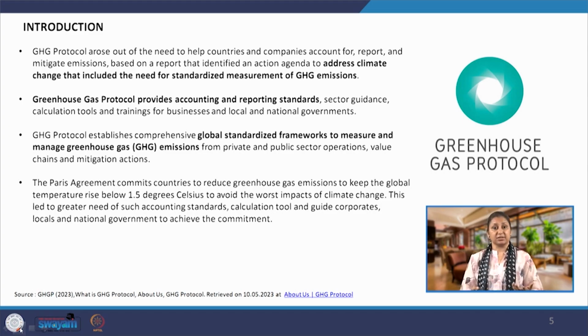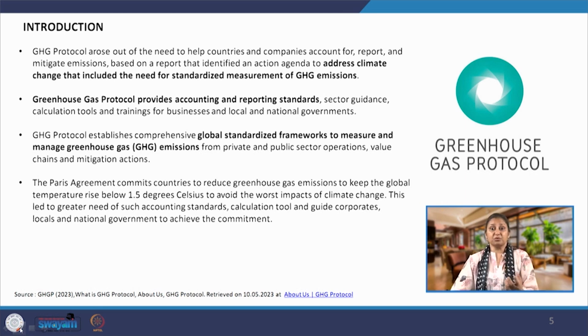How do we measure it? I may say as a company, as a manufacturing industry, that I have reduced my GHG emissions by so and so percent. How would these numbers be verified? How would we rely on the numbers that each individual company is giving?